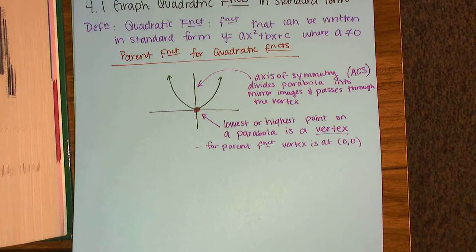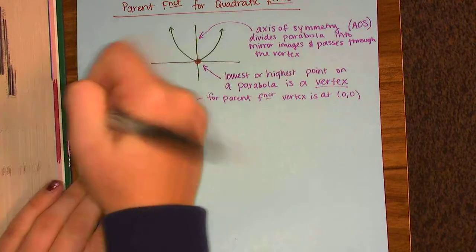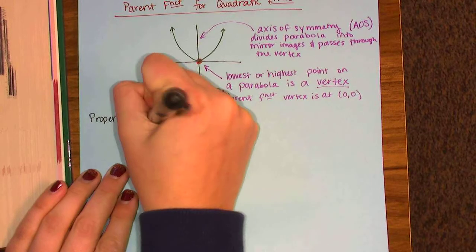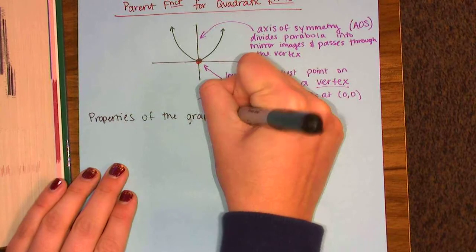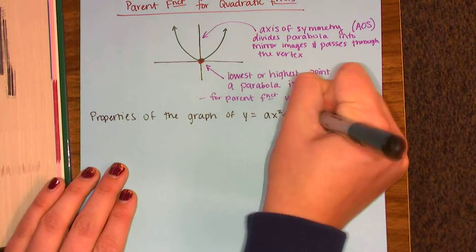Alright, let's look at some properties of the graph. Properties of the graph of y is equal to ax squared plus bx plus c.